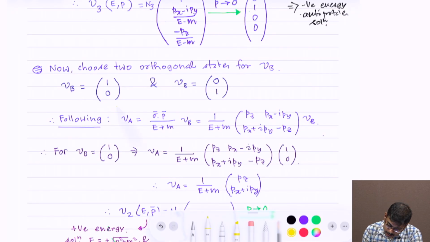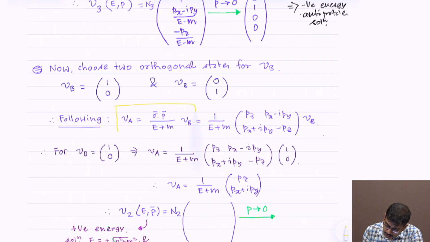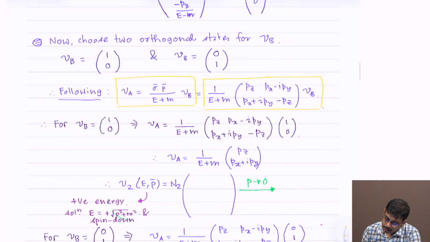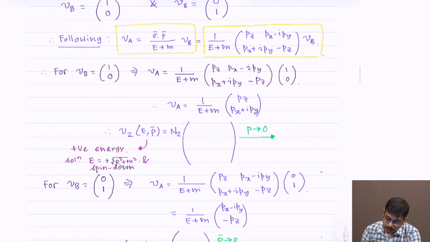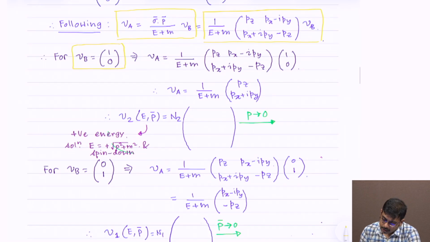If you use the explicit form of sigma dot P, this is what it turns out to be: 1 by E plus M times the matrix Pz, Px minus Ipy, Px plus Ipy, minus Pz, acting on Vb. Let us choose the specific form of Vb, say for example 1 0, do the matrix multiplication, and this turns out to be Va equal to 1 by E plus M times Pz, Px plus Ipy.